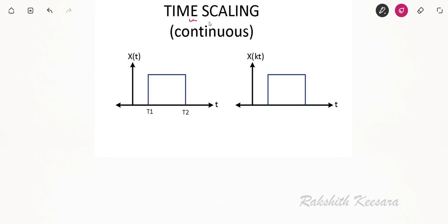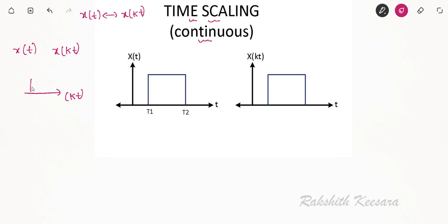Next is time scaling. If a signal x of t is given, then x of kt is called time scaling. First let us understand this property in the continuous domain. If I need to plot x of kt, first my axis will be changed to kt.